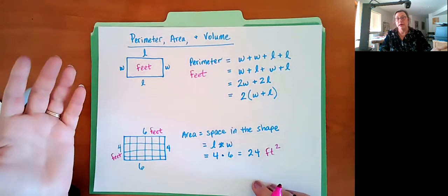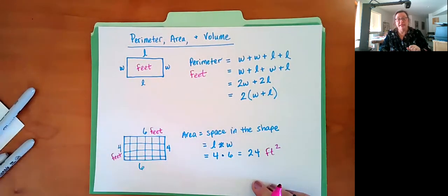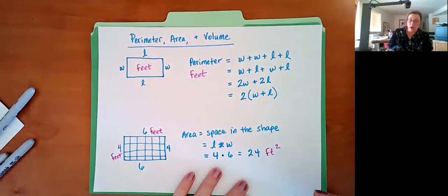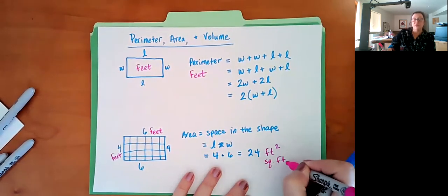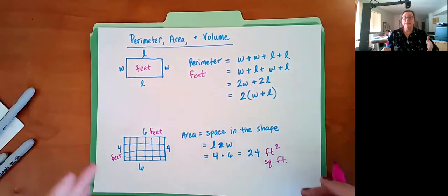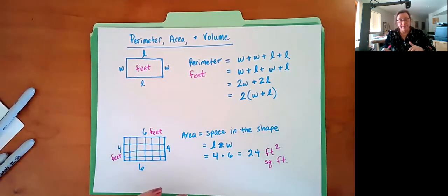That doesn't give us an exponent at all. But here, once we start multiplying things together, we get feet squared. Sometimes people write it like this, sometimes like this for square feet. It means the same thing. We always get units squared whenever we're calculating area.